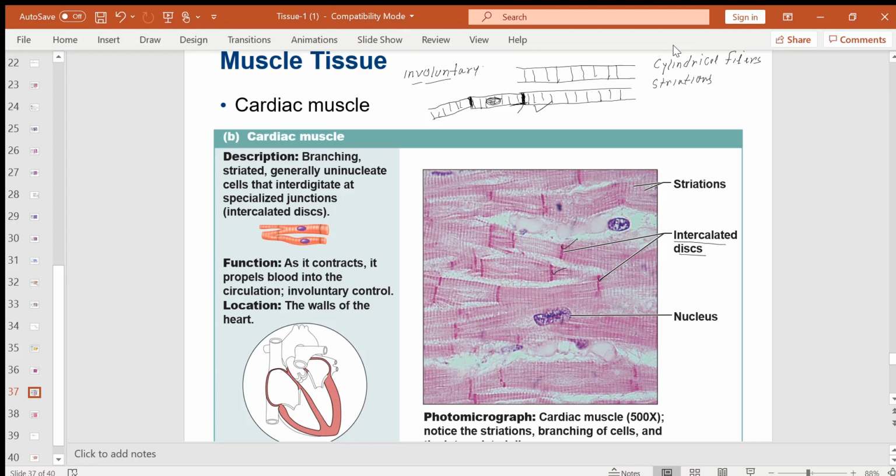Okay, and the last thing, sometimes you will see the fibers are connected to each other by branching, which we don't see in skeletal, and intercalated discs. Okay, so these are the things you'll see in the cardiac muscle tissue.